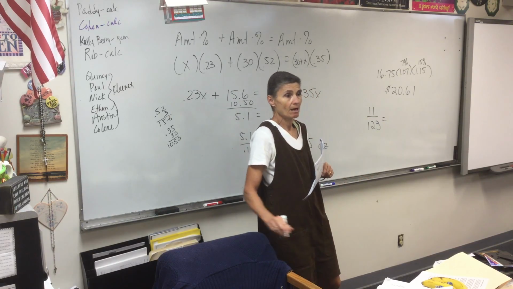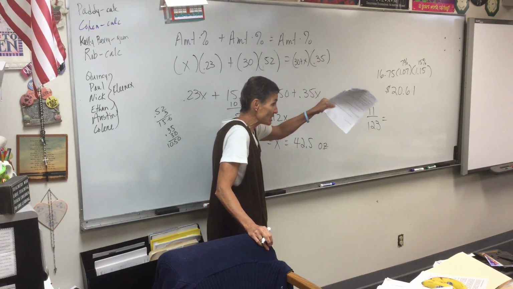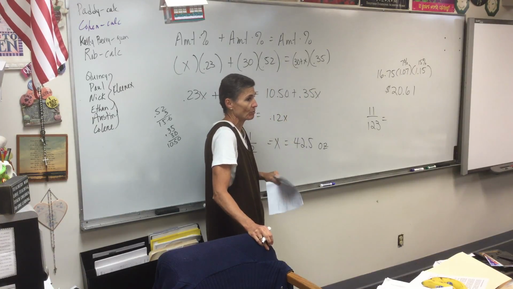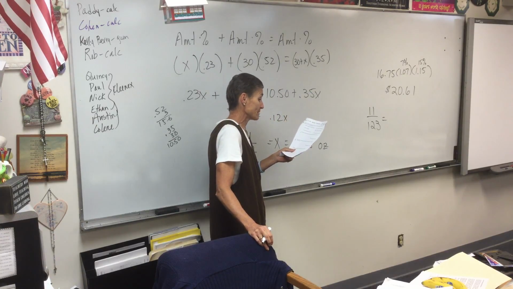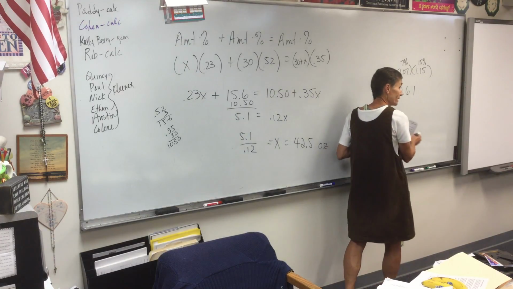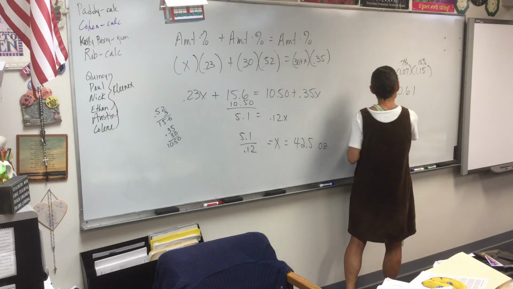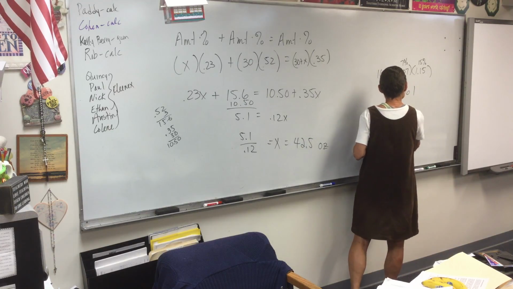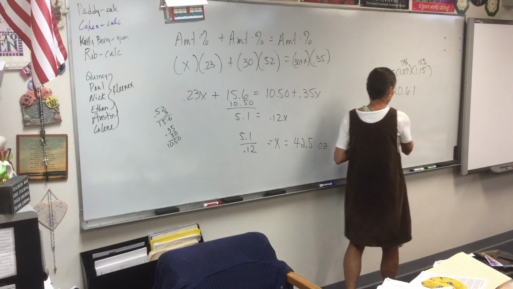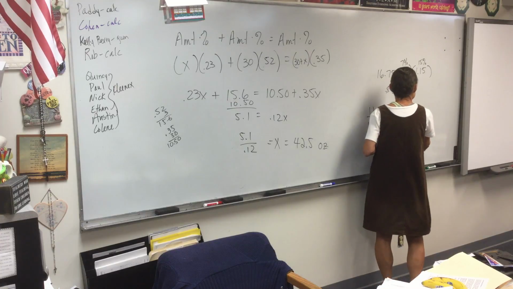Remember, percent of increase or decrease is the change divided by the original. The difference is 11, the original is 123, so the answer is? 8.9%. So when she typed this in, she must have gotten 0.089, which she wrote as an 8.9% increase.